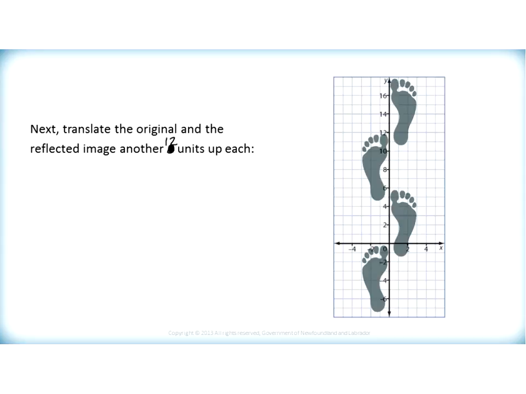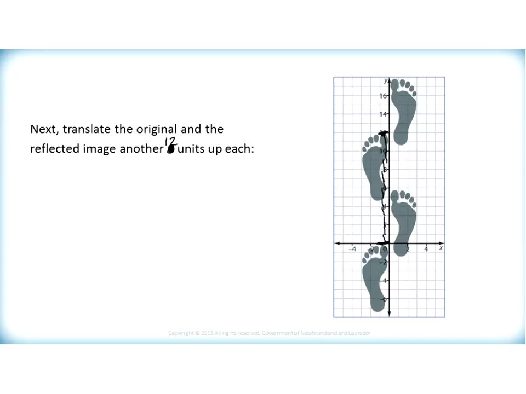The next thing I'm going to need to do is translate the original and the reflected image another 12 units up each. So we can see that here's my starting point from my original object. I'm going to translate 1, 2, 3, 4, 5, 6, 7, 8, 9, 10, 11, 12 units up to get here.